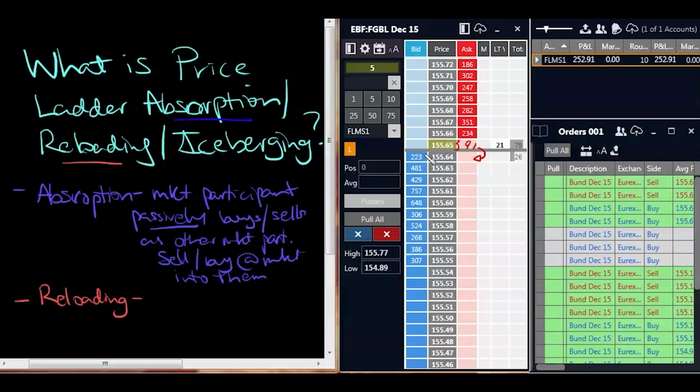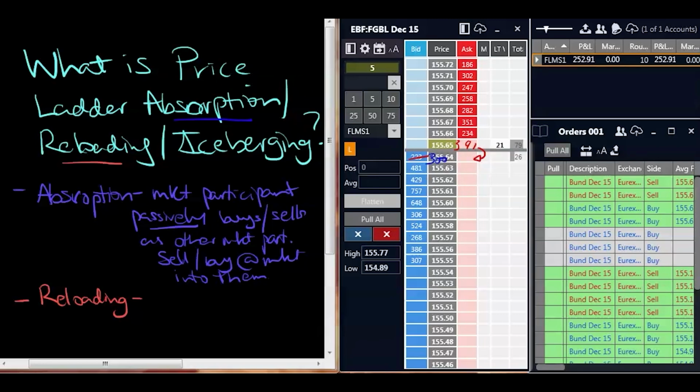If they took out those 223 contracts completely, and then the market participants build that bid up again, so it goes down to nil, someone takes them out, but somehow people keep putting more bids at 64s, and it refreshes back up to, let's say, 300. That is what reloading is.